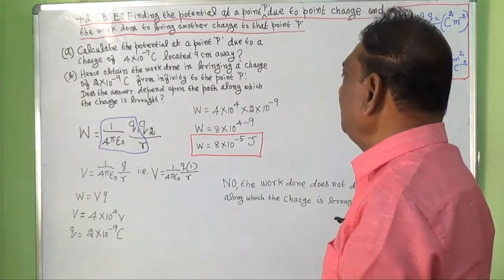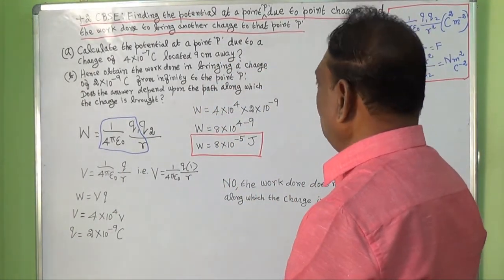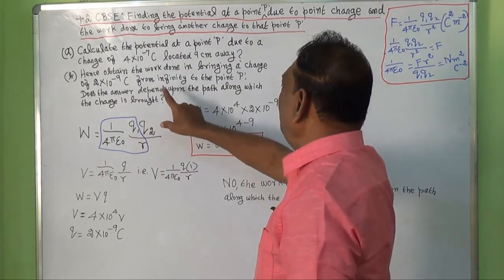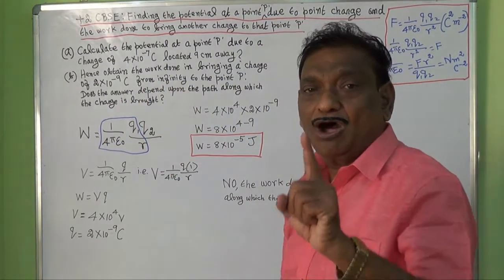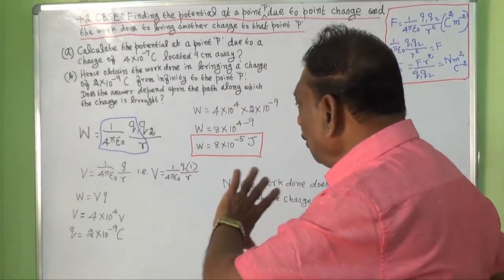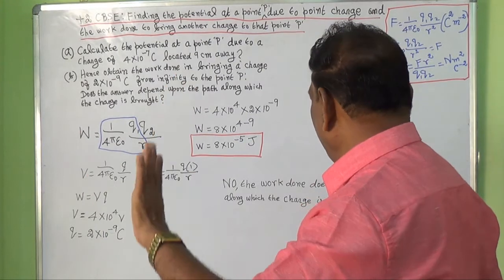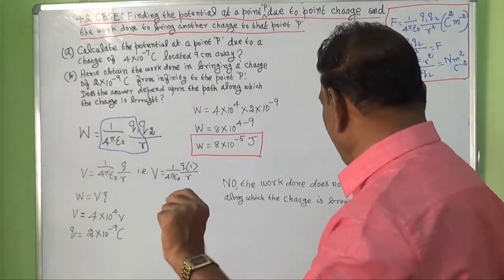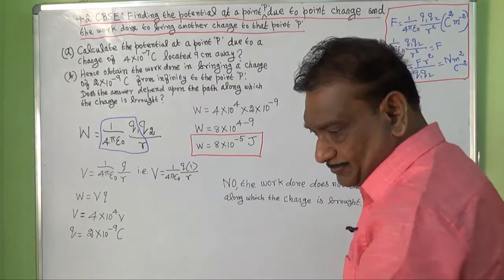In the case of the last question, that is, does the answer depend upon the path along which the charge is brought? The answer is no. The work done does not depend upon the path along which the charge is brought.